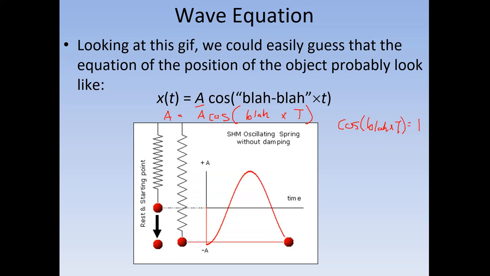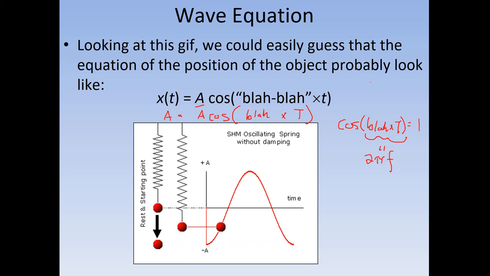This only really happens at one specific point, when the angle, when this part equals 2 pi. So somehow I have to get 2 pi to be equal to this blah blah times t. So one way I could do this is by adding in a little frequency.